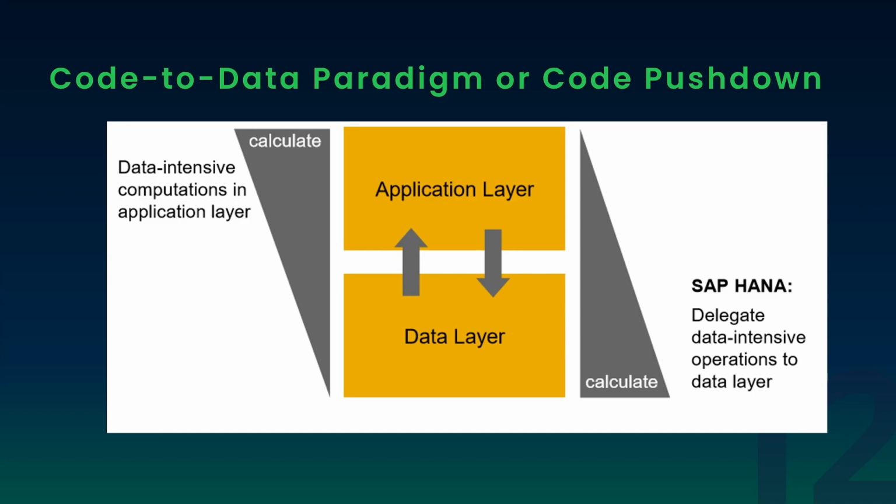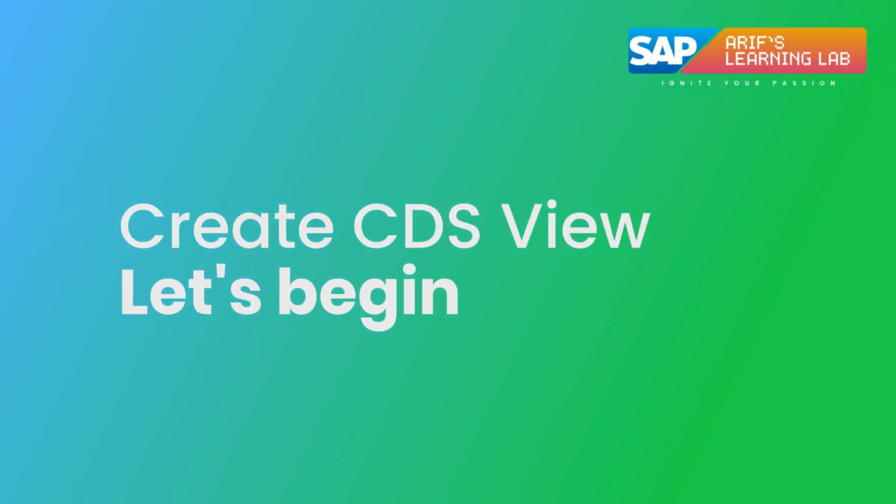So we get the advantage that we can store data in the data layer and calculate everything in the database layer. After completing the calculations, it just provides the data to the application layer, so you get better performance. That is called the code pushdown paradigm, or code-to-data paradigm.